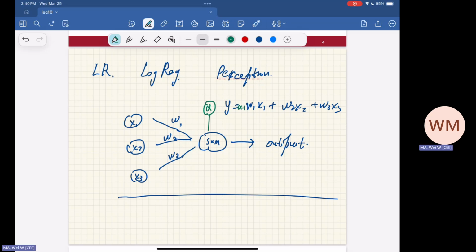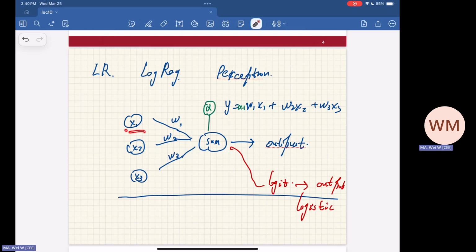And what is logistic regression? Logistic regression has just one thing different: for the output, you apply a logit function as a link function, and then you take the output. This gives you logistic regression. What is the perceptron? We learned this last week.